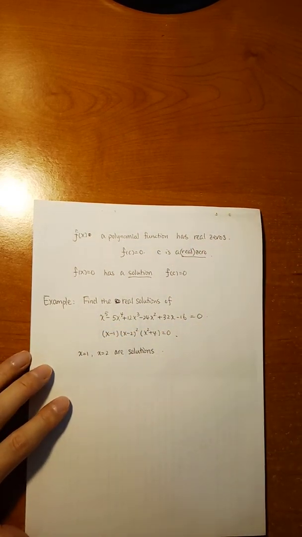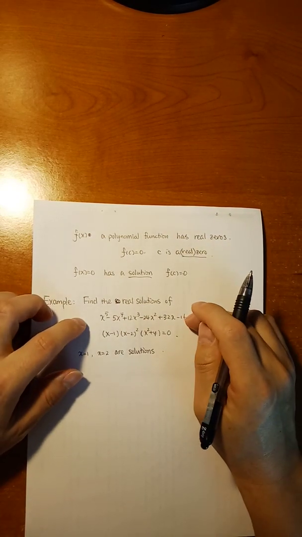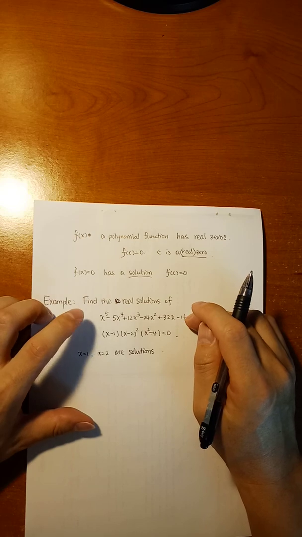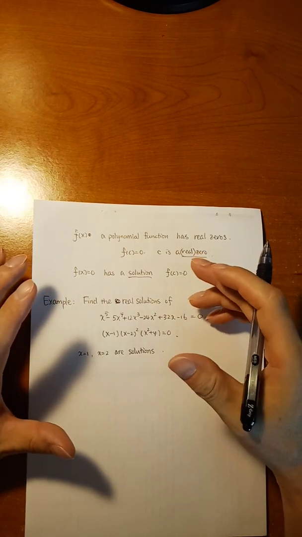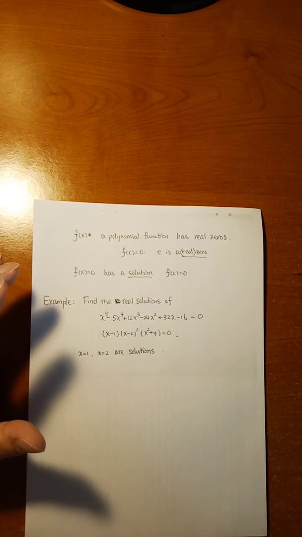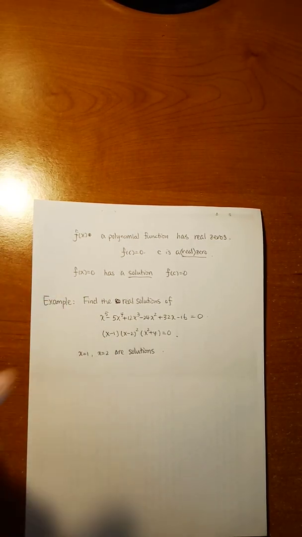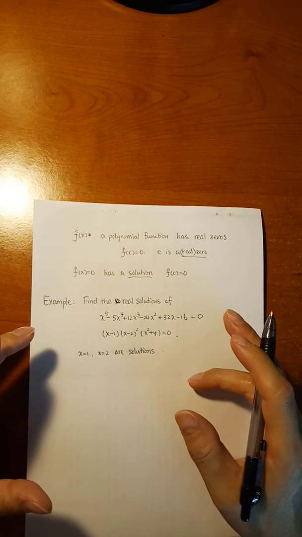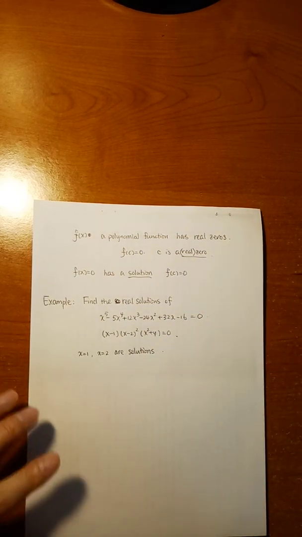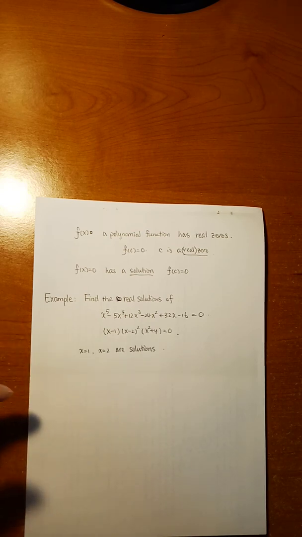There's no difference, and you still go through those steps. You find that this is an integer coefficient polynomial, so you find the list of potential rational solutions, and you try one by one. Once you figure out one, you use synthetic division or long division to reduce the degree, and then you repeat that process.